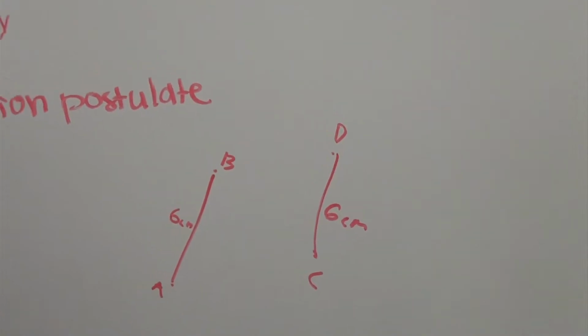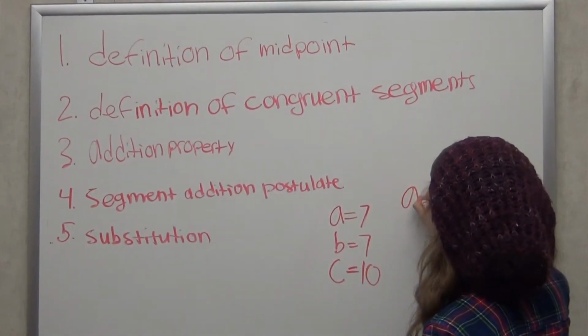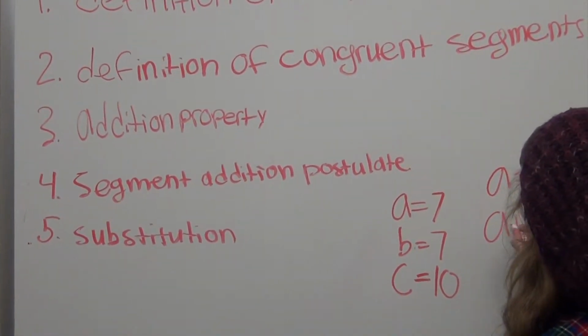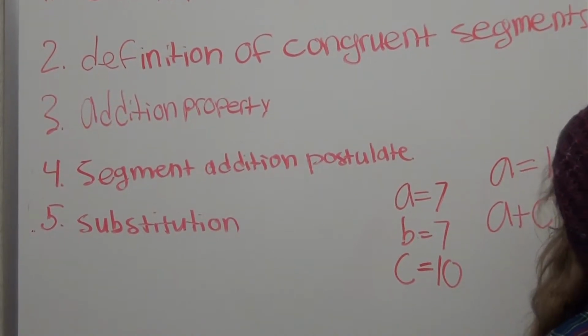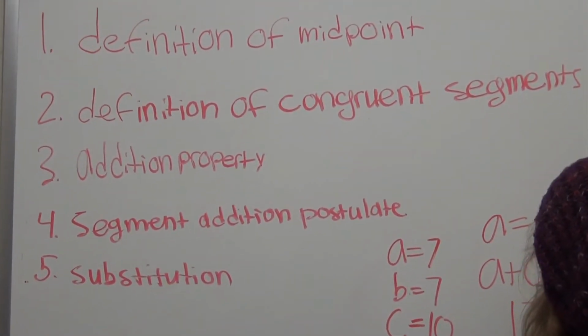These are congruent segments. The addition property of equality is where if A equals B, then A plus C equals B plus C. Therefore, 17 equals 17.